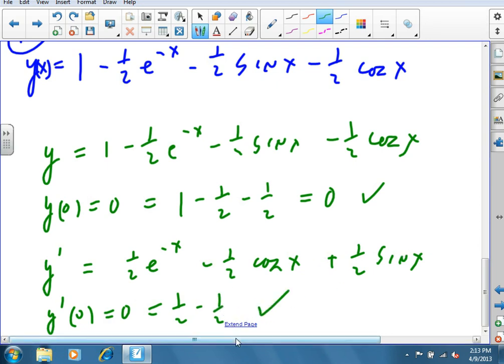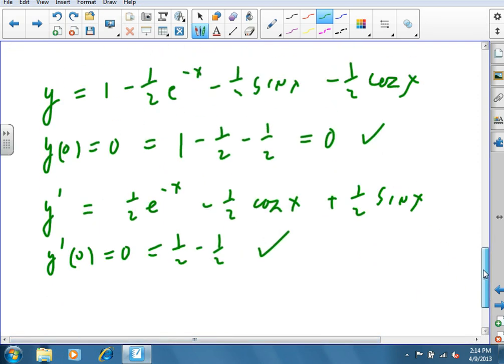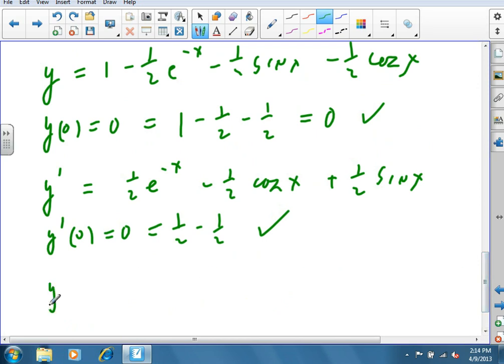All right. At that point, we could find the first and second derivative all over again. Well, we got enough room. We can probably do it with what we got. So y double prime: minus 1/2 e to the minus x plus 1/2 sine minus plus 1/2 cosine.